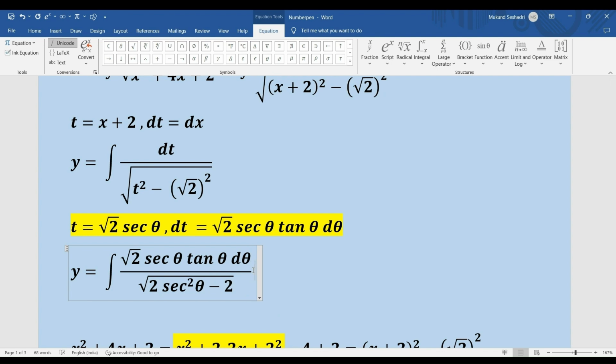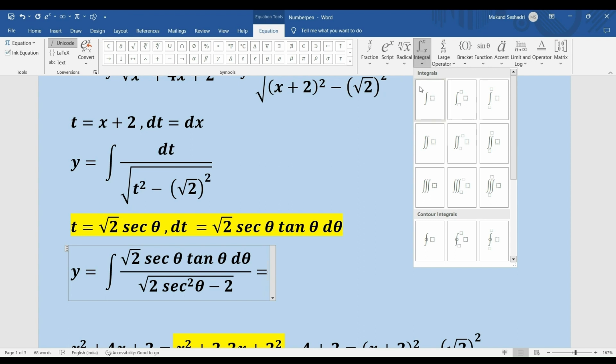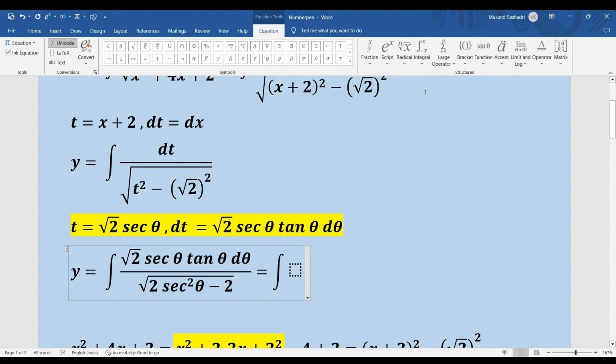So that's point number one. And point number two is inside the square root in the denominator, I have a secant square theta minus 1. And what is that? That's nothing but tan square theta, right? So when we rewrite this expression in the subsequent step, I can cancel out my root 2, which means I'm left with secant theta tan theta d theta in the numerator, point 1.